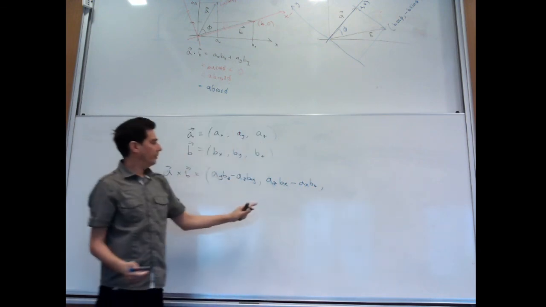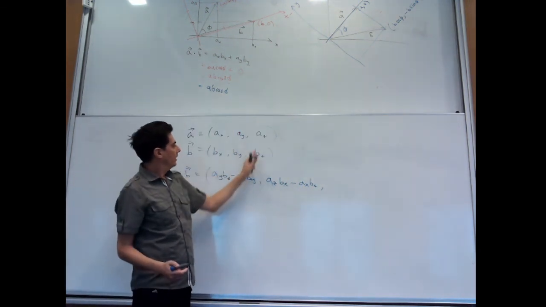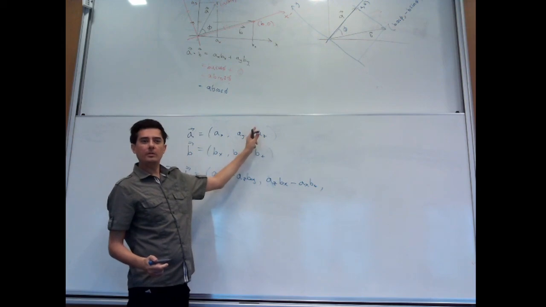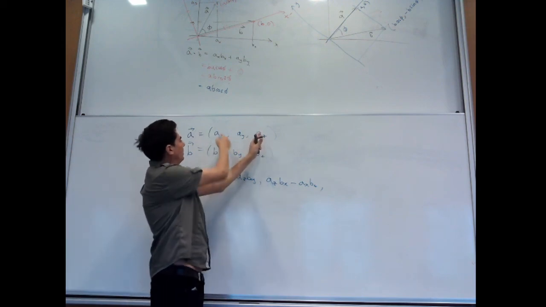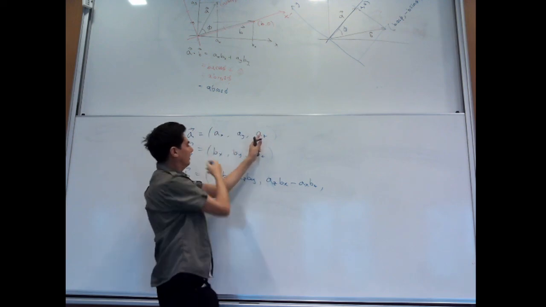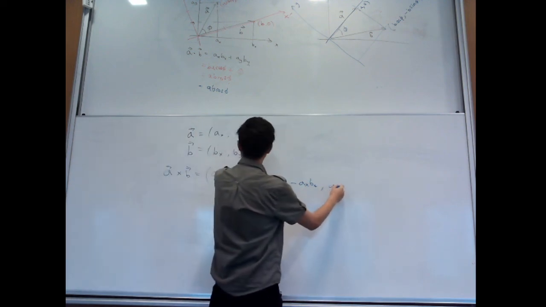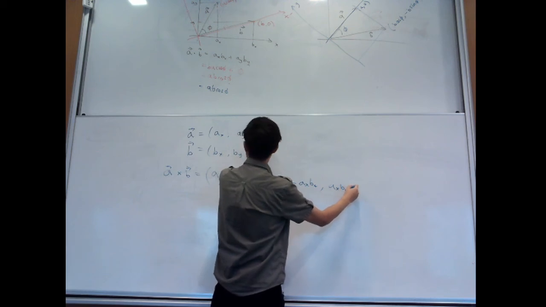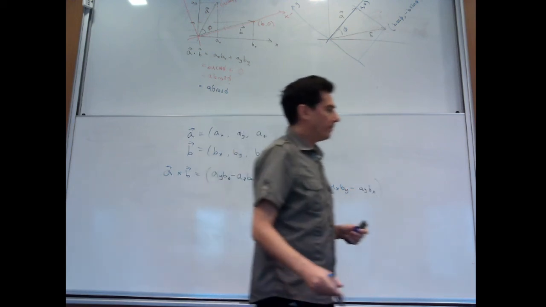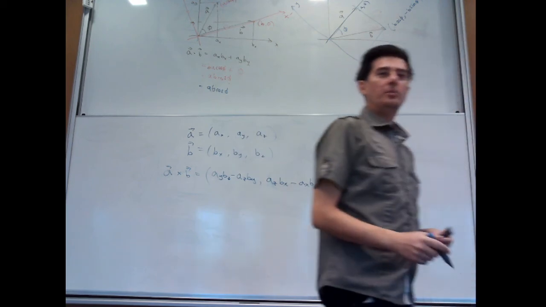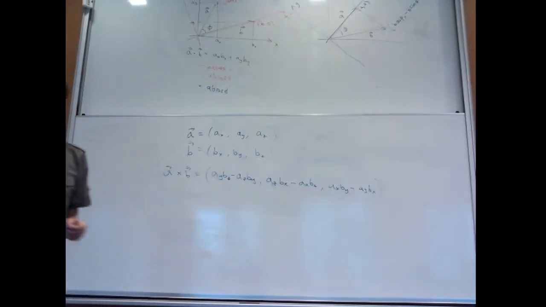For the z component, you look at the components which are not z, and then you multiply and subtract, according to AX BY minus AY BX. Okay, so that's the rule. Have you guys seen this before?